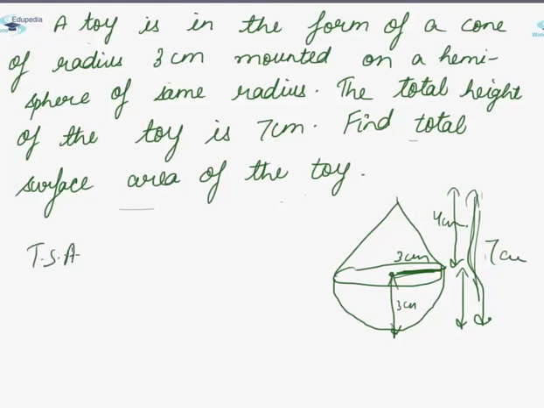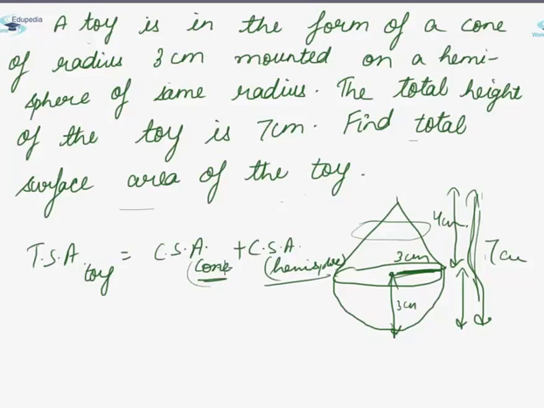Friends, total surface area for the toy is nothing but this curved surface area, that is curved surface area of cone, plus the curved surface area of the hemisphere, where subscripts represent the solid figure covered for a particular term.